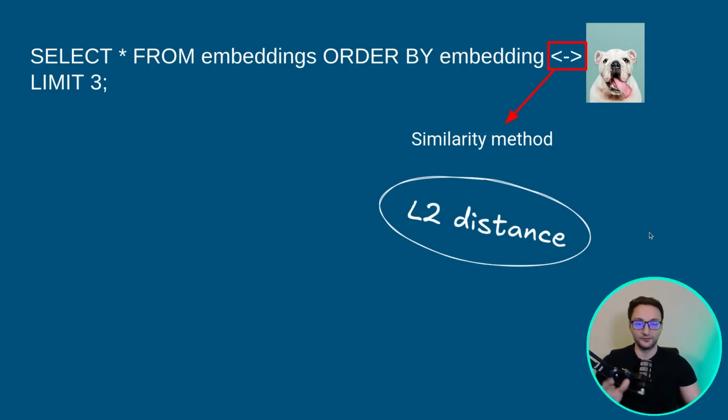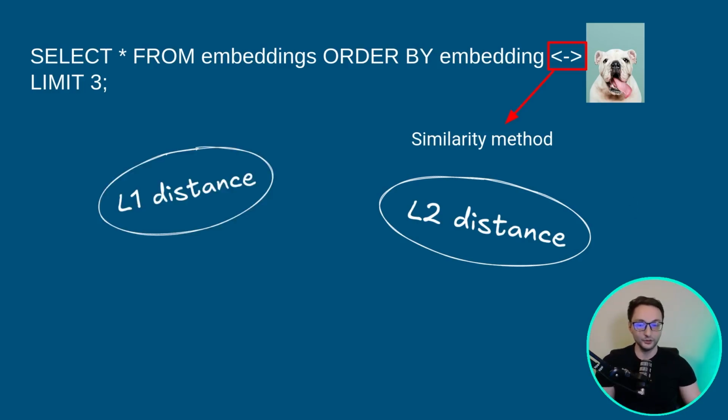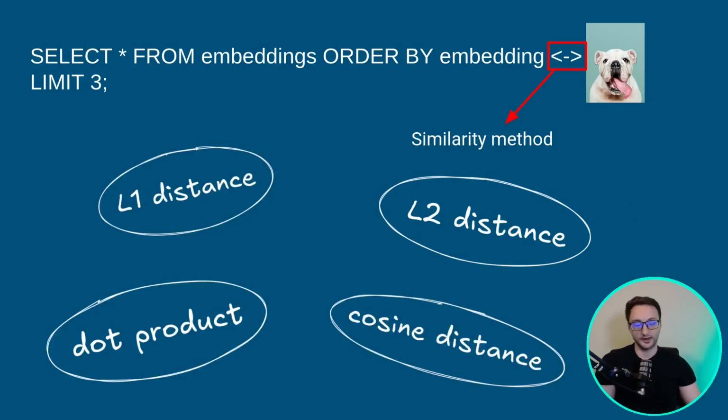There are a lot of other ways to do this. There is L1 distance, there is dot product, cosine distance is another method. These are all different ways to calculate the similarity or the distance between 2 vectors. And the reason this is useful is that this way you can sort all the results, or all the items in your table, based on similarity. And then because of LIMIT 3, it will just give you the 3 most similar items. And that is how it works.